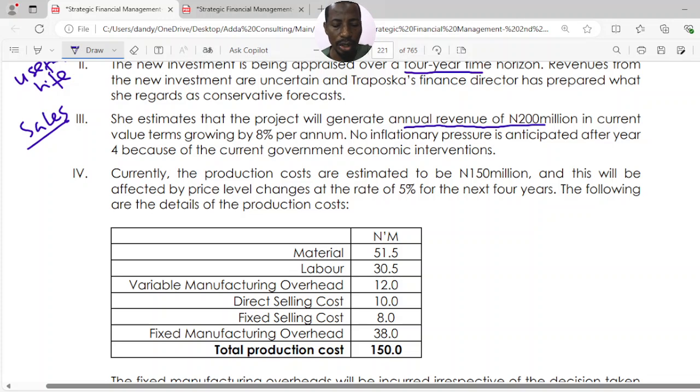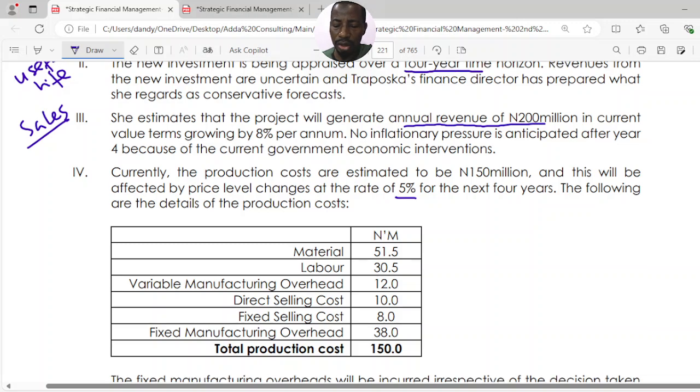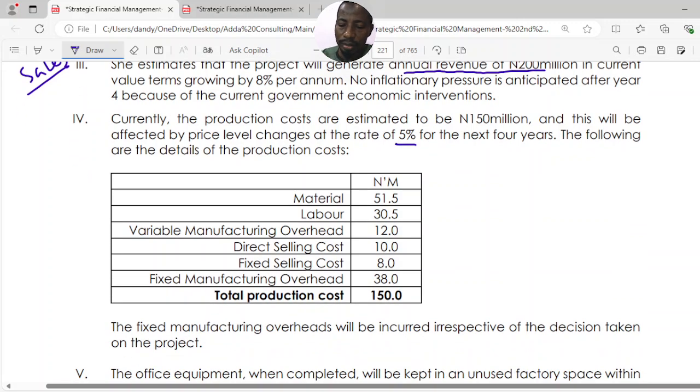Number 4, currently, the production costs are estimated to be 150 million naira, and this will be affected by price level changes at the rate of 5% for the next 4 years. Okay, inflation rates. The following are the details of the production cost. So we have a production cost that is made up of all these line items, and it is worth 150 million naira.